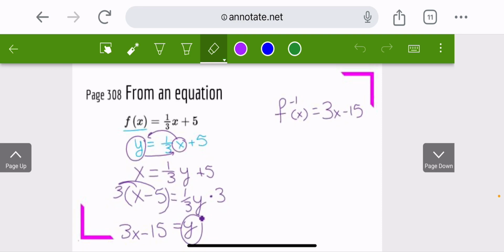If we start with function notation, we should end with function notation. Questions on that one?